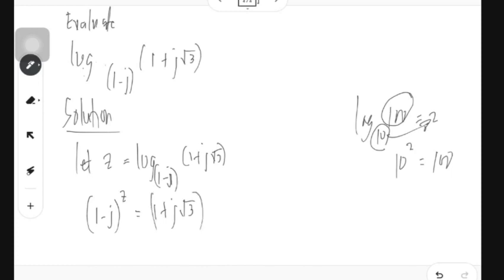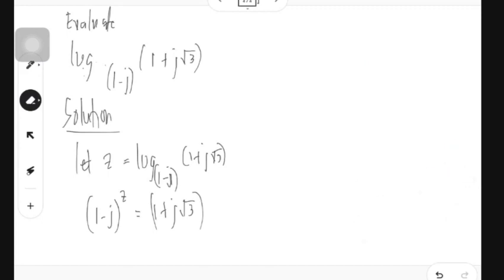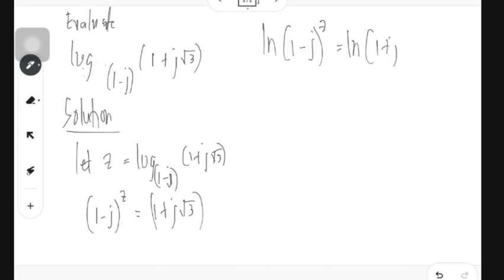Now, in order to evaluate, take natural logarithm of both sides. Kunin natin yung natural logarithm of both sides. Doing so, we have here natural logarithm of the quantity 1 minus j to the c is equal to the natural logarithm of 1 plus j square root of 3.